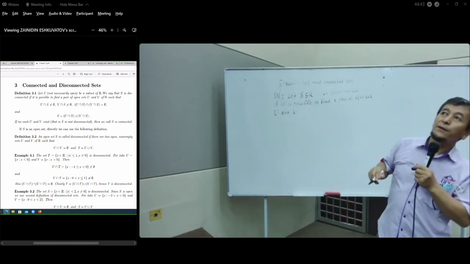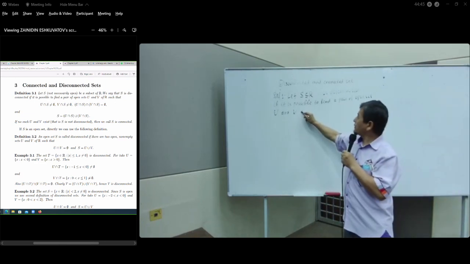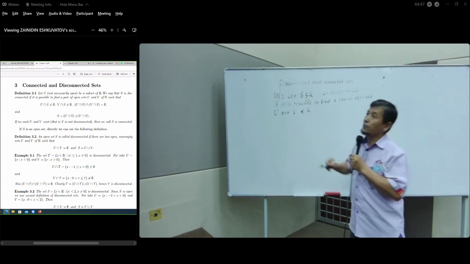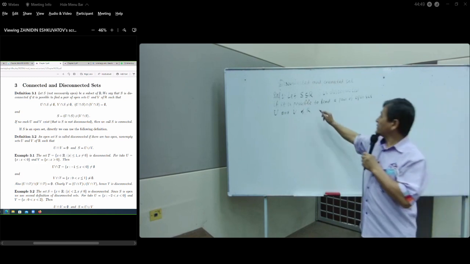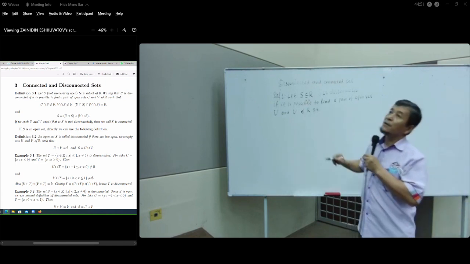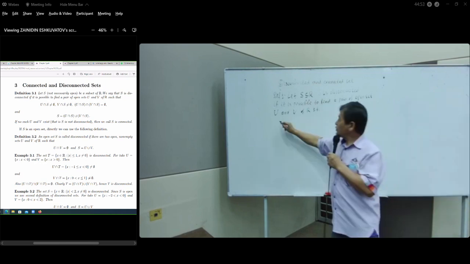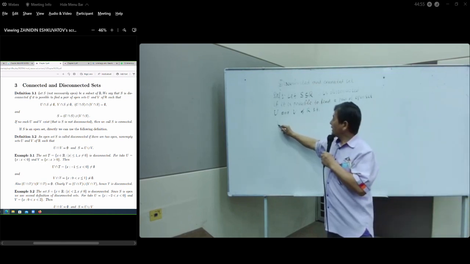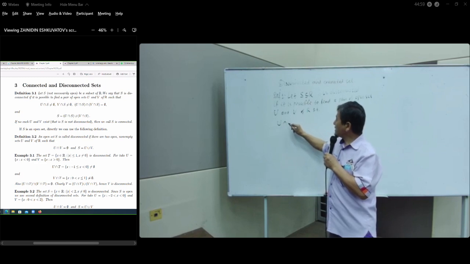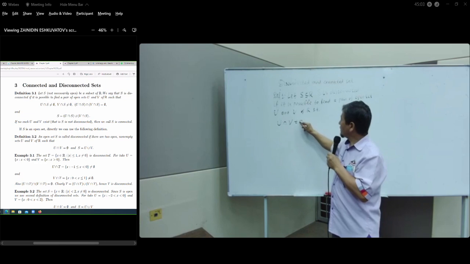U and V, also open sets of R, such that U intersection S and V intersection S is disjoint, is the empty set.